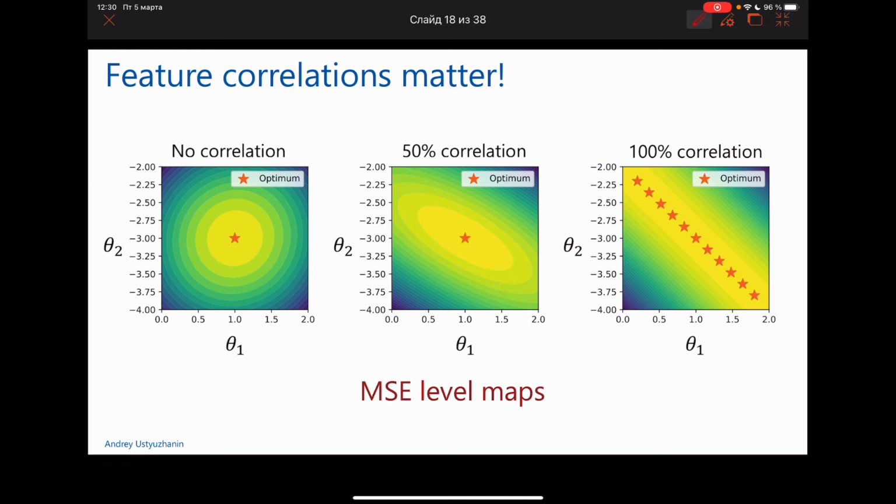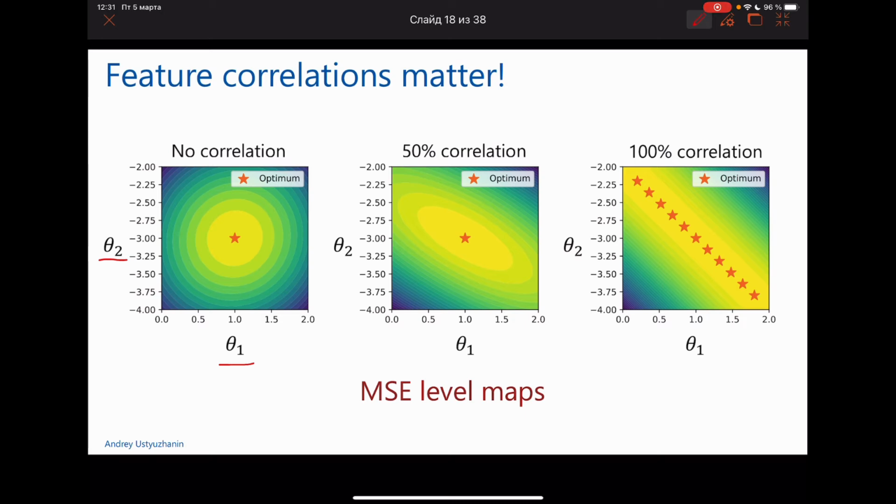And in case you have a correlation of your features, it is a really unwanted property of the regression model. So in case you have no correlation, the loss function looks like this along the optimum.